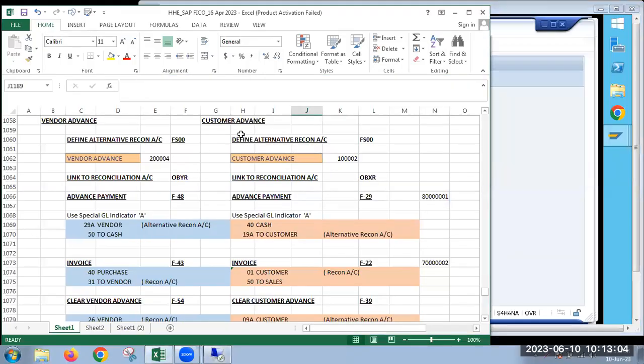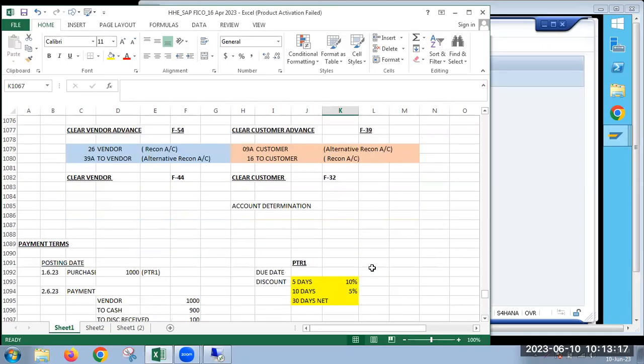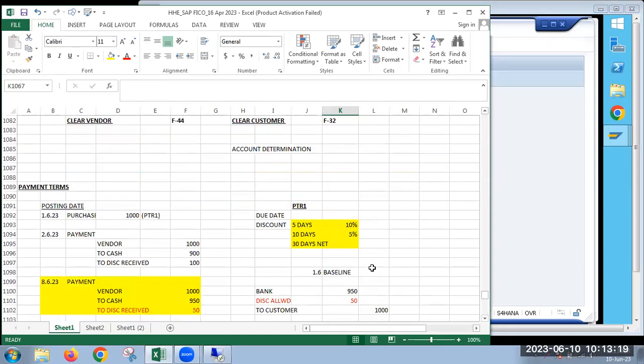So we started with customer advance with the same concept as the special GL transaction. We assigned an alternative reconciliation account and made the posting, and it was also cleared. With the payment term, we could specify the due date as well as discount rates.